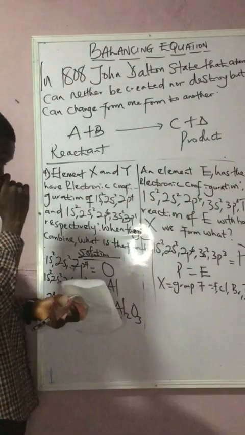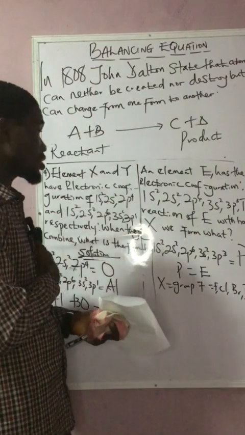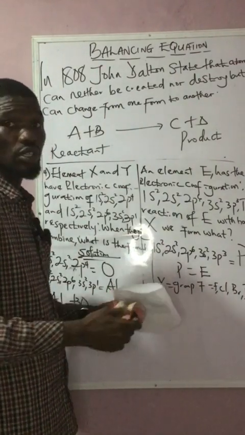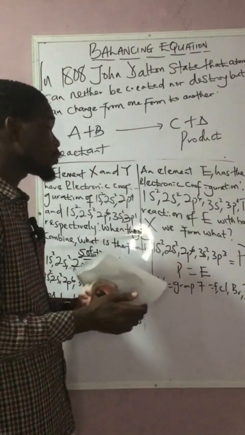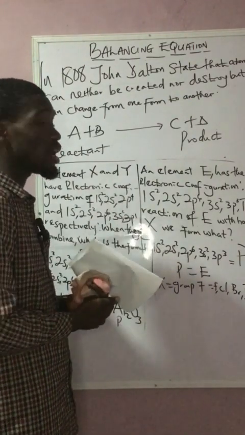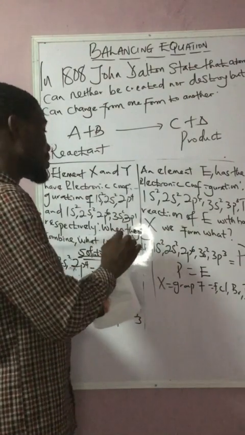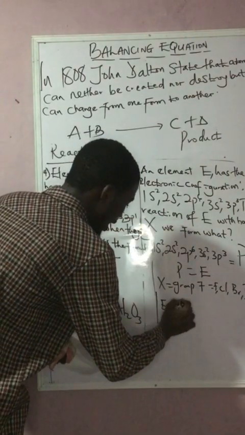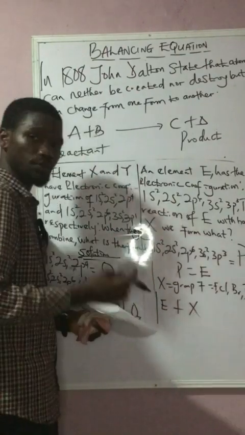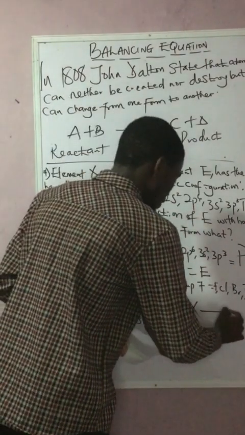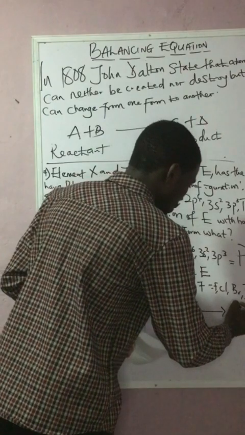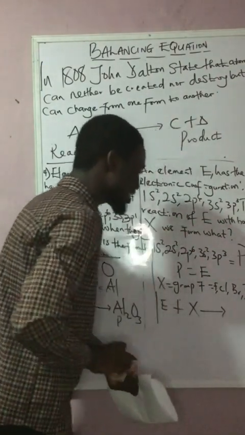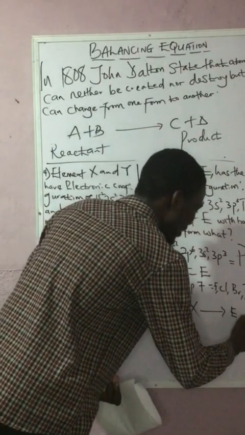So which one is going to react with it? You can pick any one. I repeat, you can what? Pick any one. Don't forget we have the atomic number of that element, phosphorus. So we can say E reacting with X. Sorry, I'm not using phosphorus, we are using E in the equation.